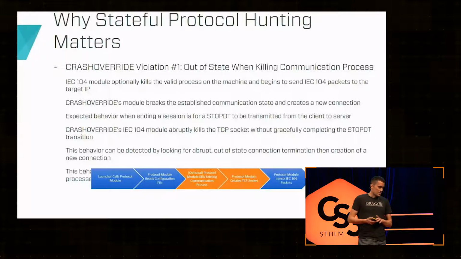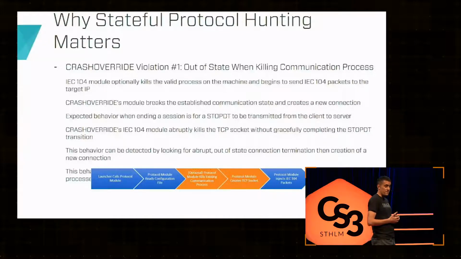With Crash Override, this was one of the very quick things that we saw: the connection would come down, and the malware didn't actually know how to handle when it wasn't at the start of that. It didn't know how to set up the connection. If you're using a tool like Snort, Snort's IEC 104 engine will also find this because they look for those STOPDT and STARTDT, basically how IEC 104 builds the connection up.